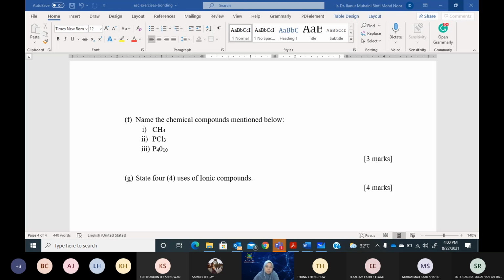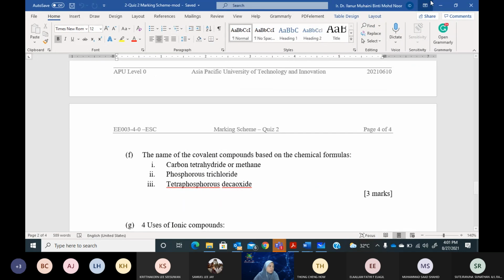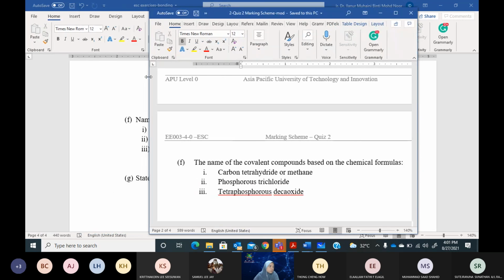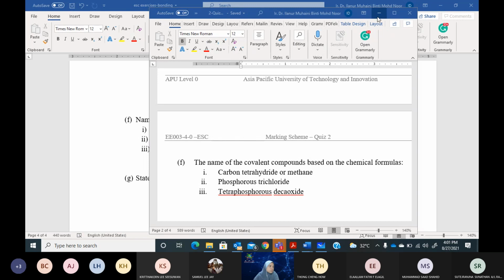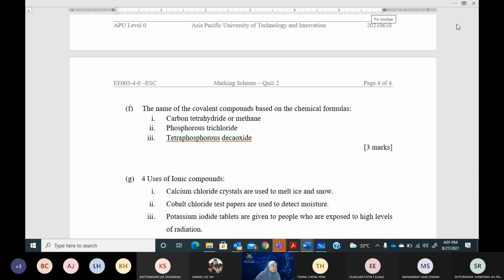Okay, then number 3. Number 3 is tetraphosphorus. So you follow the name.